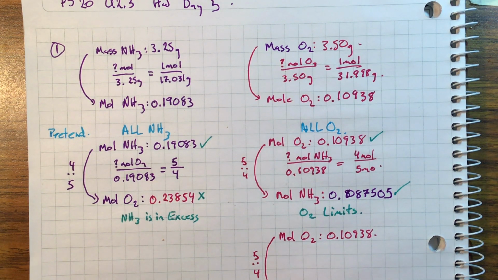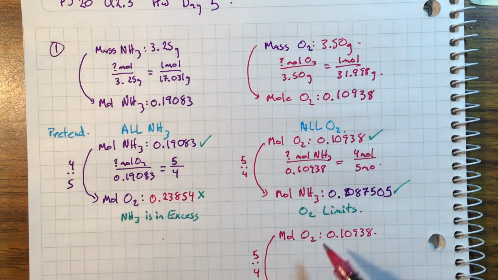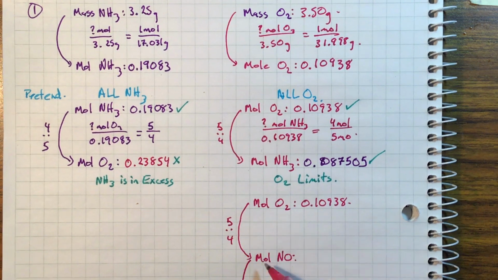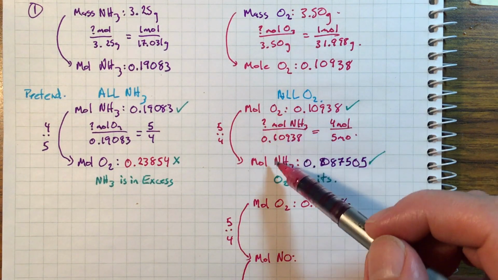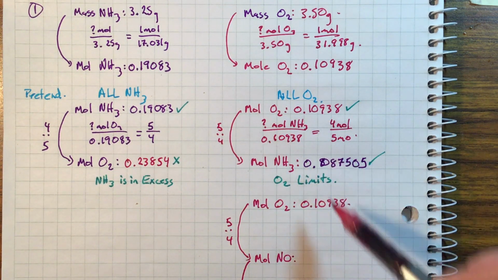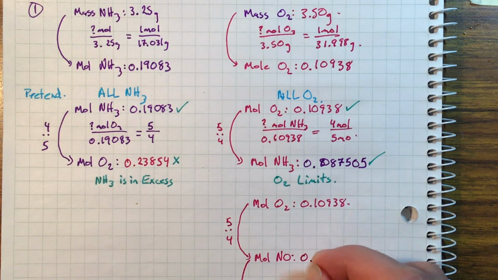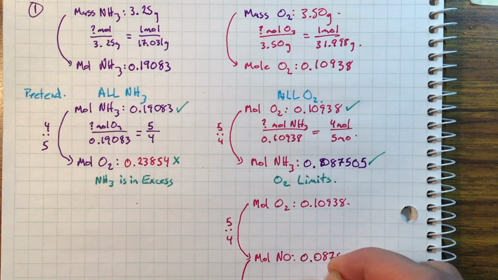Then we're going to go from our moles of NO to our mass of NO using our molar mass. Now the beautiful thing is, this molar ratio right here is the exact same as this molar ratio right here. So this number at the bottom is going to be this number, 0.087505.